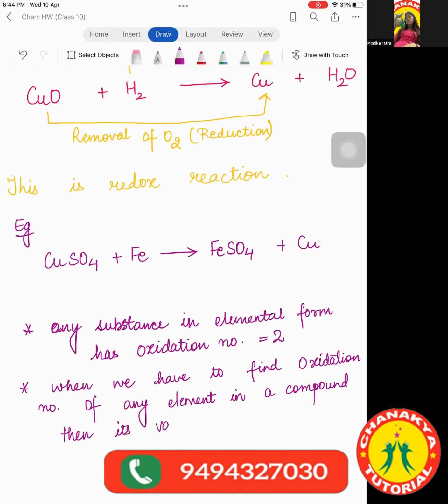Its valency is considered as its oxidation number. Now children, for now you can understand that the oxidation number is related to valency, but it is not actually. And in case of elements, I have written 2. I'm sorry, it's 0. The oxidation number is 0.